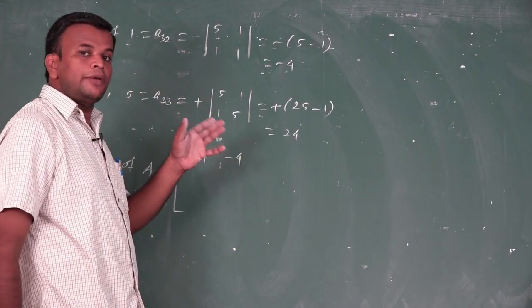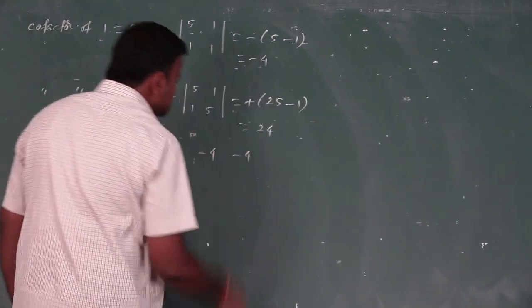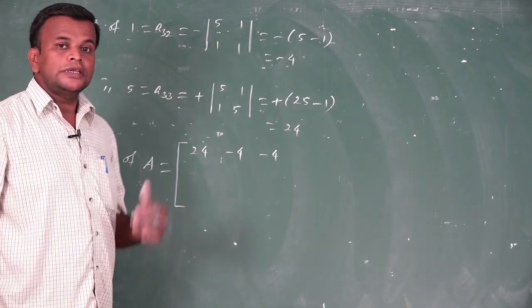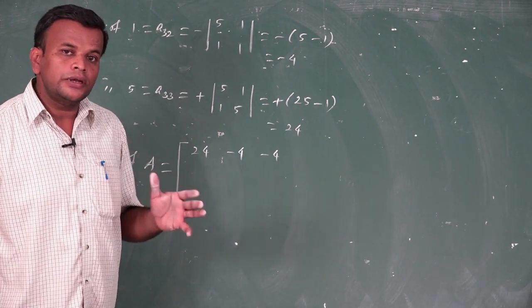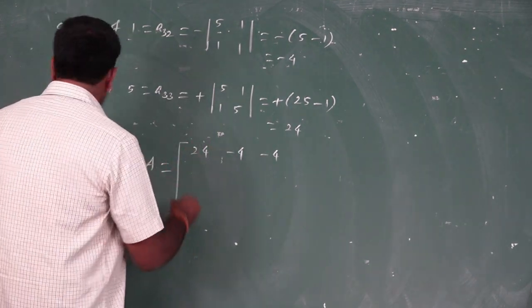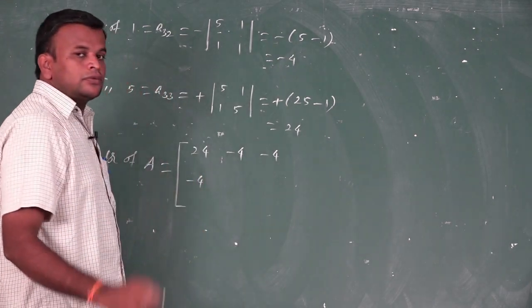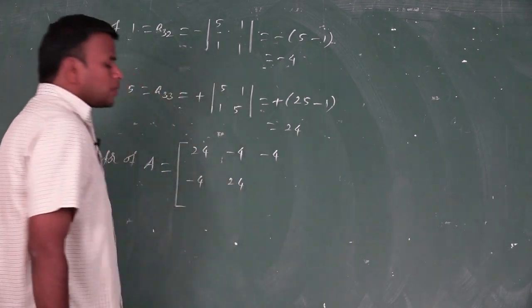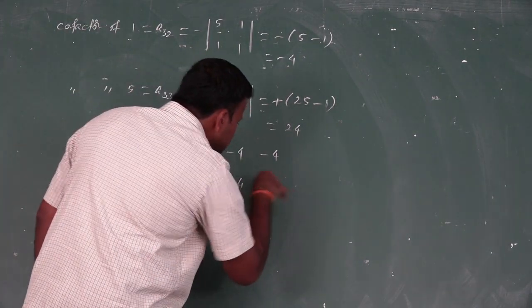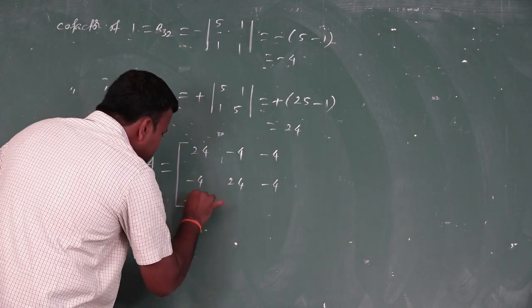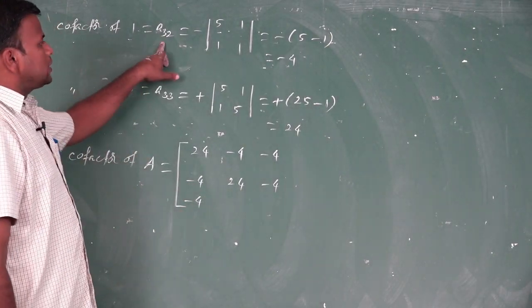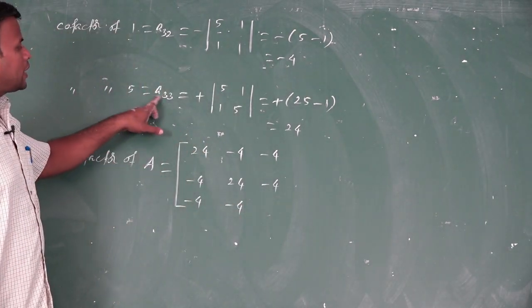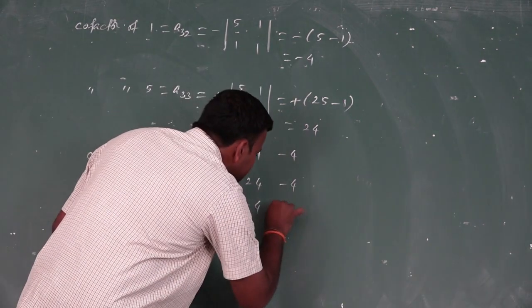Same, the cofactor of the element A13 is again -4. First row over. Second row, first element is A21. The value of cofactor of A21 is -4. Cofactor value of A22 is +24. A23 value is -4. A31 value is -4. And here A32 is also -4. And the cofactor value of A33 is +24.